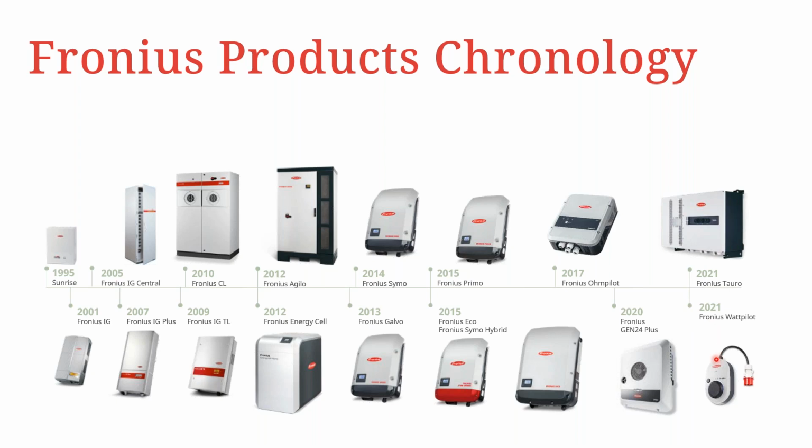Among these are some accessories like the Watt Pilot, the Fronius Home Pilot, and the Fronius Energy Cell. These particularly have not been in circulation, but apart from these, all these are string inverters that have been manufactured along the line, and we're happy to say that these inverters are still active till today.